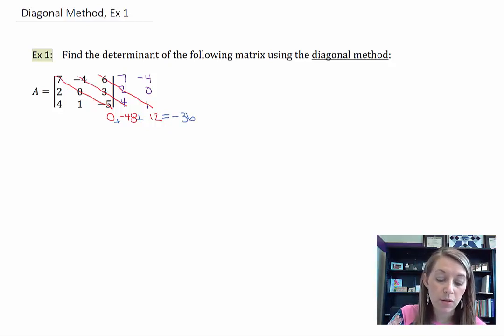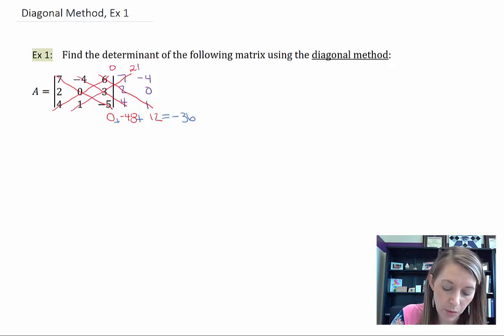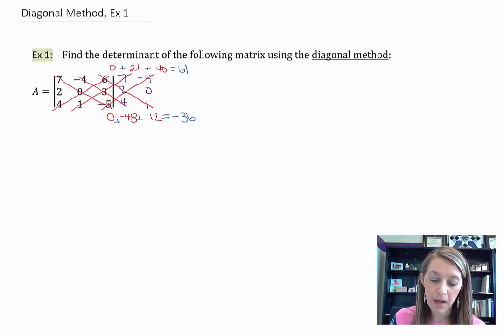Okay, now we've got to do 3 more diagonals from the bottom left to the top right. So 4 times 0 times 6 is 0. 1 times 3 times 7 is 21. And negative 5 times 2 times negative 4 gives me 40. And same thing here, we add these numbers. So that gives me a positive 61.